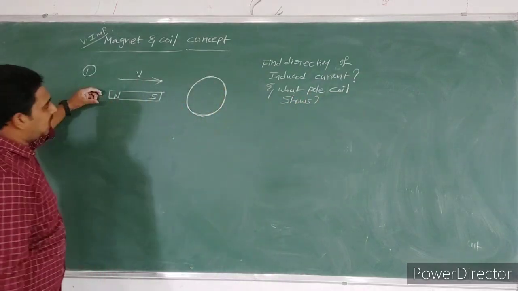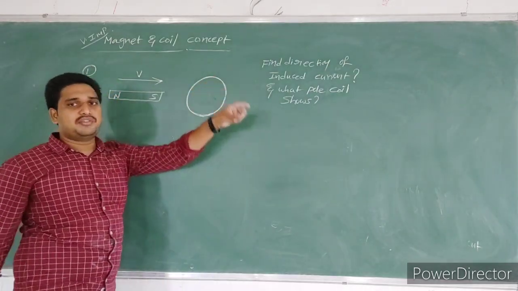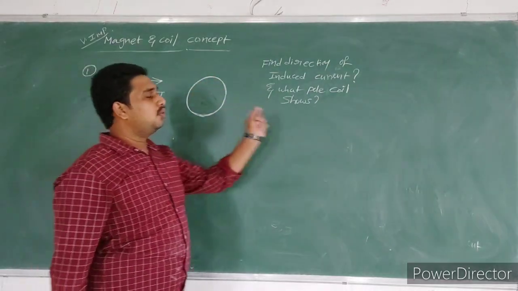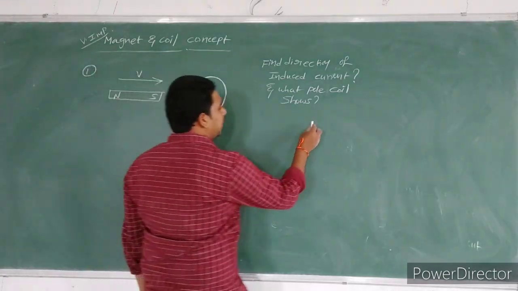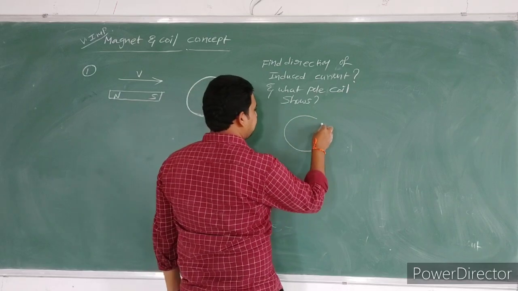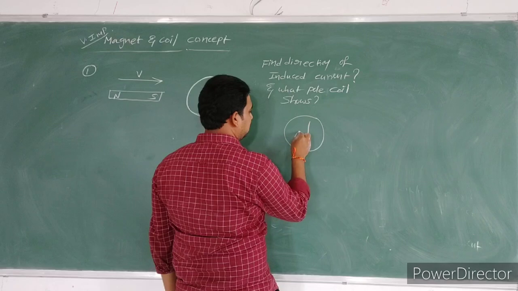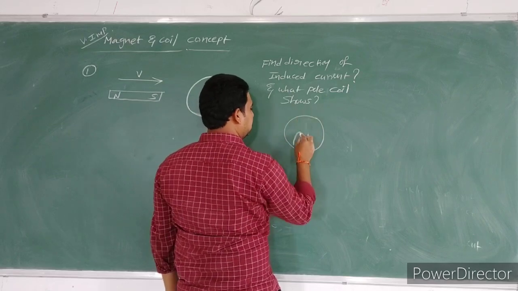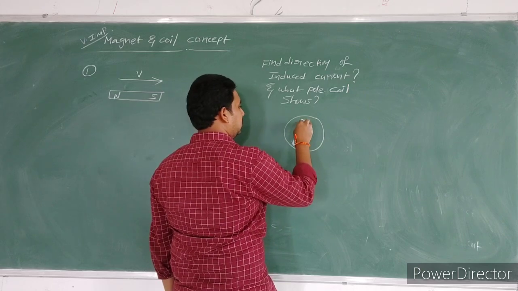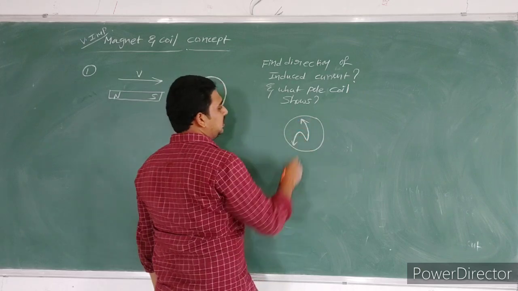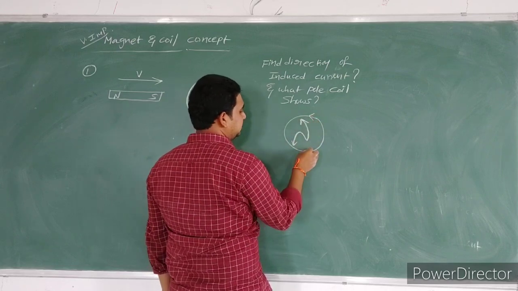If you bring a bar magnet towards the coil, then find the direction of induced current and what pole the coil shows. Generally, if you take north pole, the direction of current is anti-clockwise.